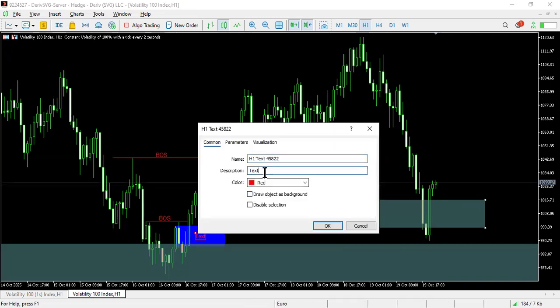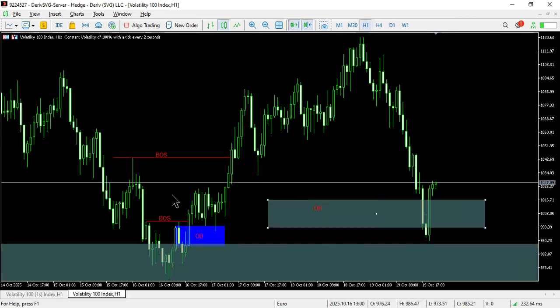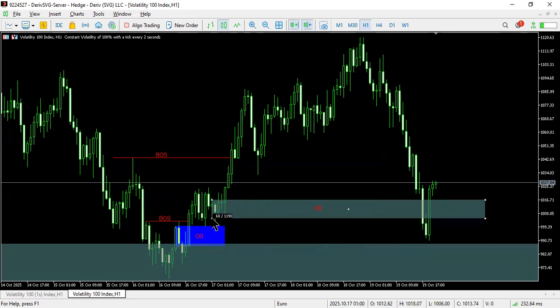So we have that order block that dished out that move. And then we had that break of structure. This is the internal break of structure. And then that is the other block which caused the break of structure.